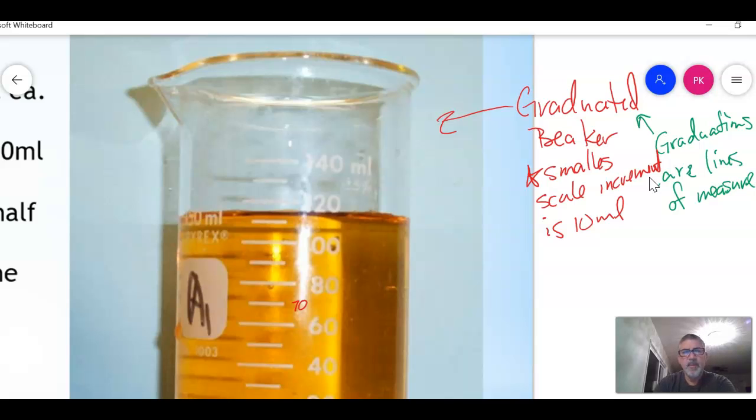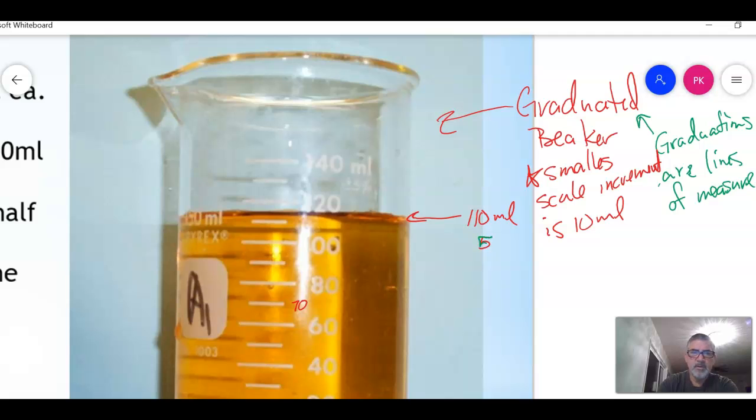Okay. So my real measurement here, if I took this right here, would be 110. And then I would have to estimate how far. If it's halfway between a 10, it would be 5 would be my estimated.